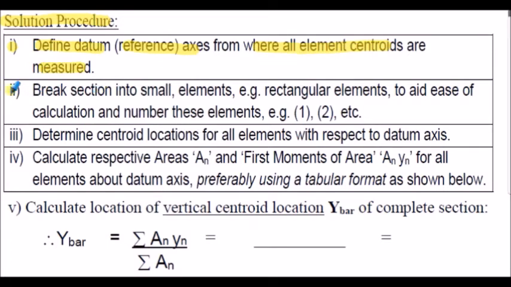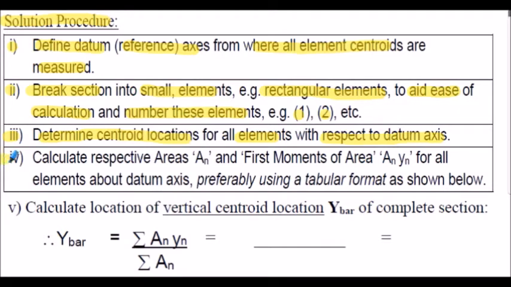Step 2, we have to break the section into small elements, usually rectangular elements or circular elements, as that aids the ease of calculation. We have standard formulas for these type of sections. And we need to number these elements, 1, 2, etc. It's quite arbitrary numbering, but they need to be numbered for ease of reference. Step 3, we need to determine the centroid locations for all the elements with respect to the datum axes we're using.